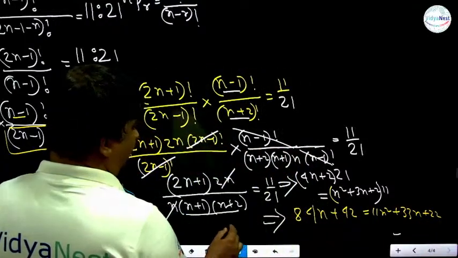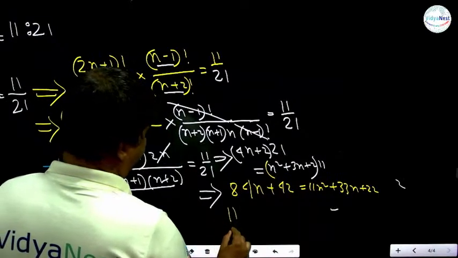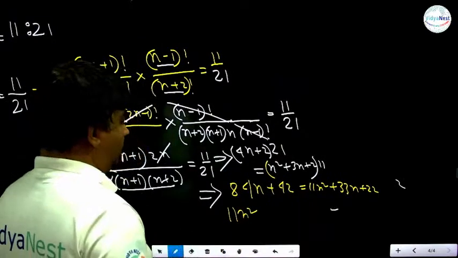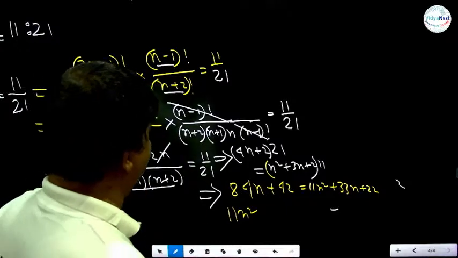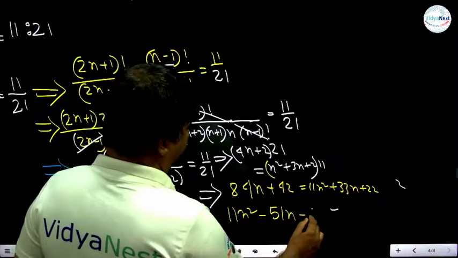That gives us what? 11n square minus 51n minus 20.